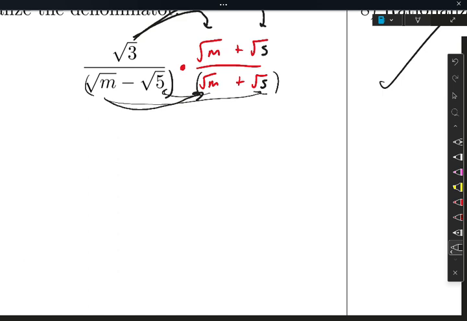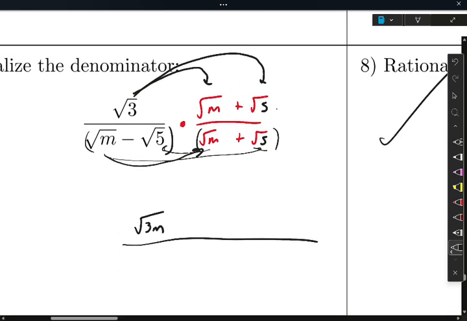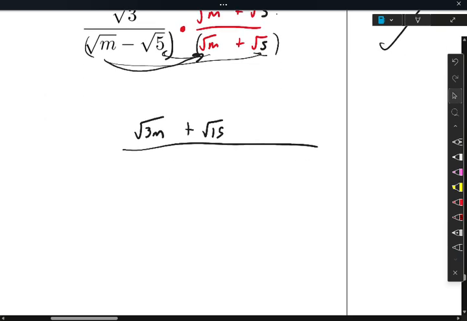All right, so scratch what I just did. Sorry about that. I misread the 5 as 8, so let's try that again. Root 3 times root m is going to be root 3m, and root 3 times root 5, I'm doing the numerator again, is going to be root 15. On the denominator now, we have root m times root m is just going to be m.